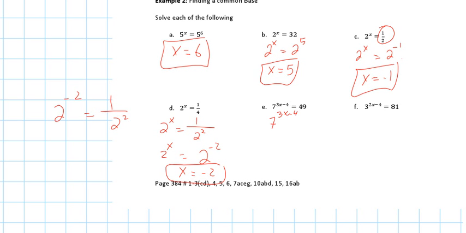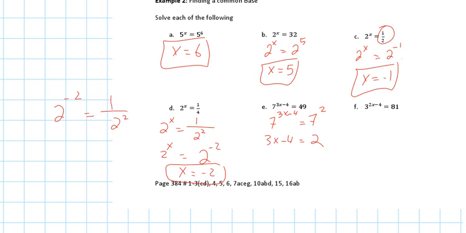Okay, do I have the same base? So I can drop the base and keep my exponent, making my exponents equal to each other. So that means 3x minus 4 equals 2. Do you guys agree with that?